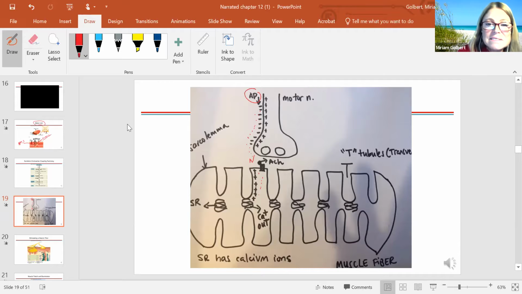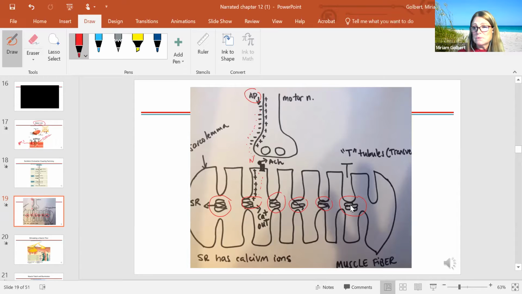Now, these little squigglies here are sarcoplasmic reticulum. This is what you all learned as endoplasmic reticulum. I don't know if you remember, but the endoplasmic reticulum was a series of folded membranes, right? In typical cells, we have smooth endoplasmic reticulum and rough endoplasmic reticulum.